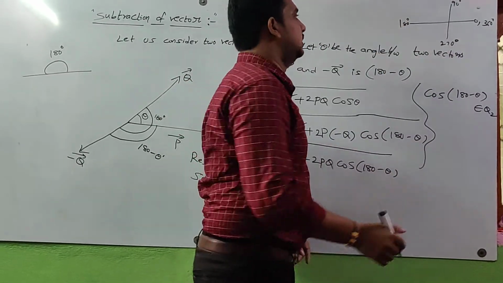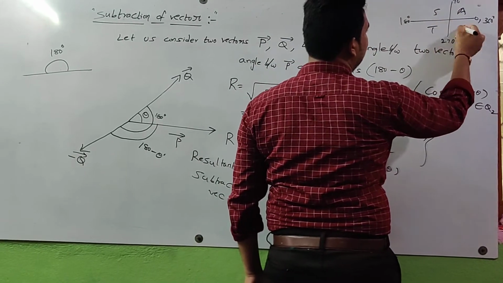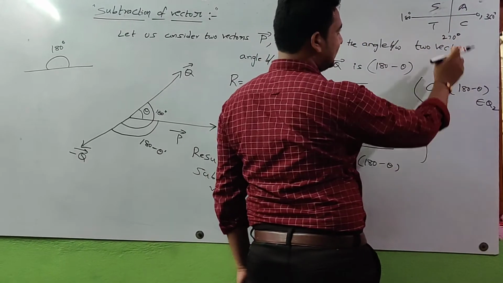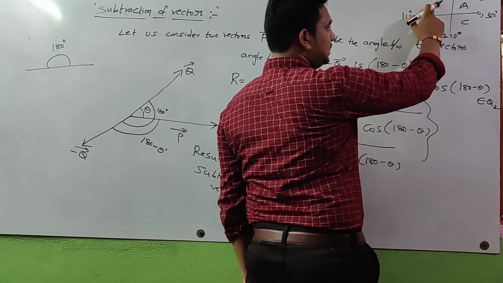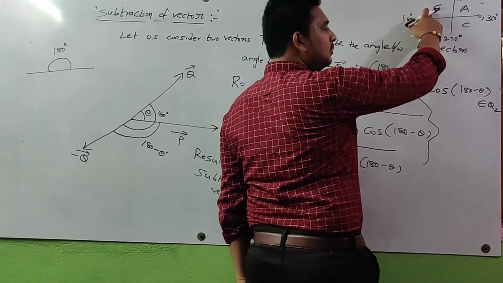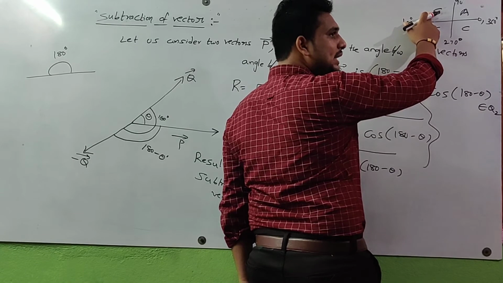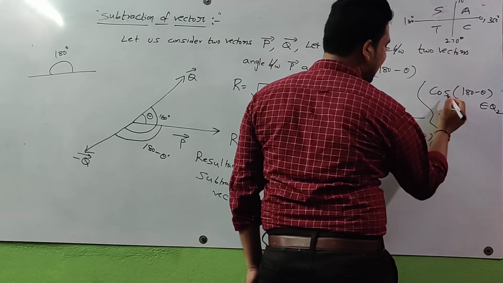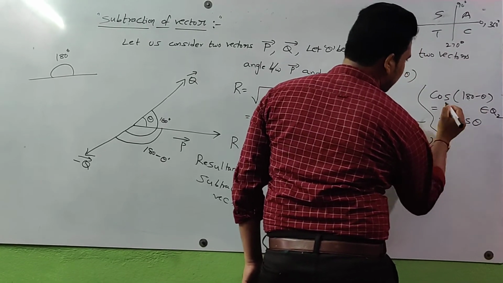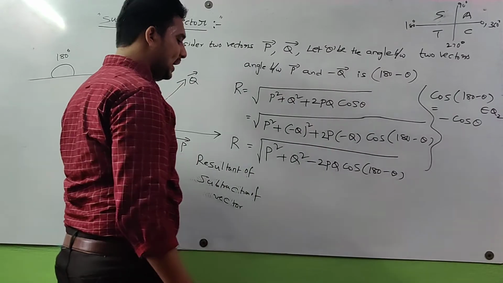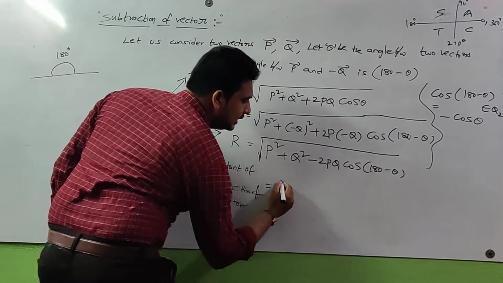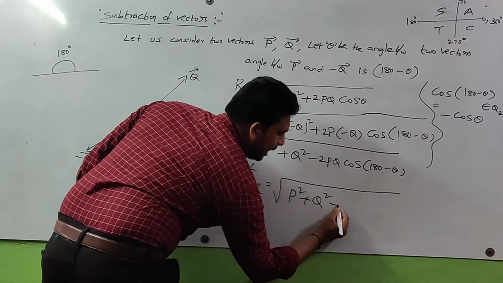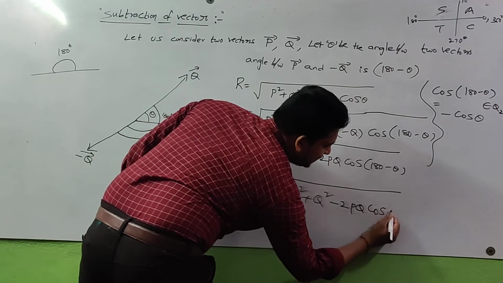In the second quadrant, only sine and cosecant are positive, so the remaining all are negative. That's why we consider minus. With 180, the angle doesn't change. So cos of 180 minus theta is minus cos theta. Then finally we get square root of p square plus q square minus 2pq cos theta.